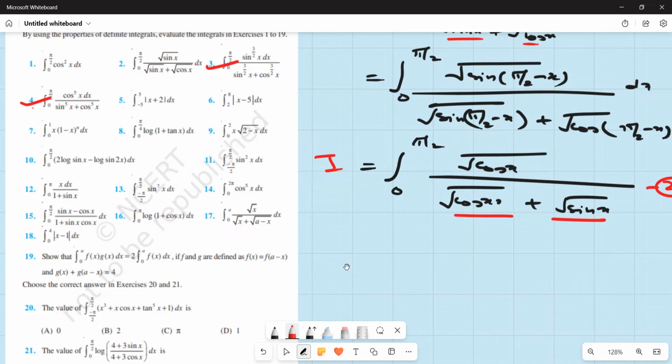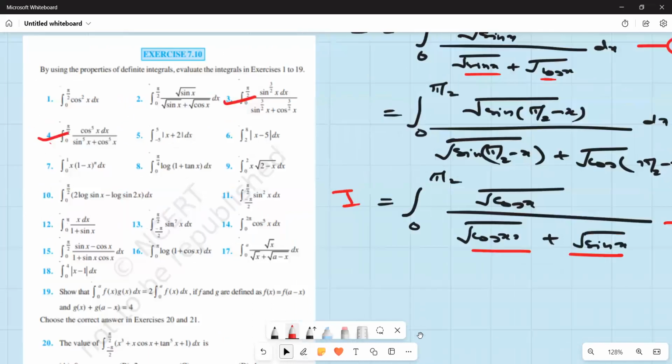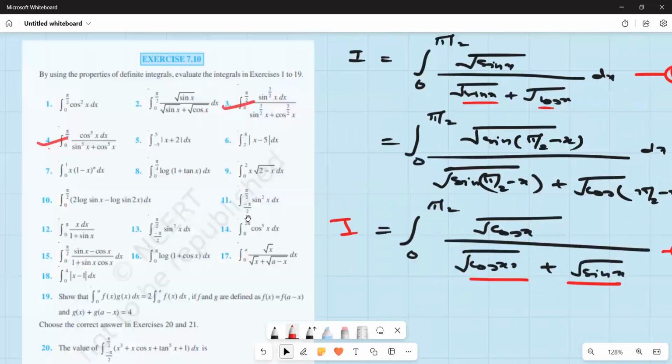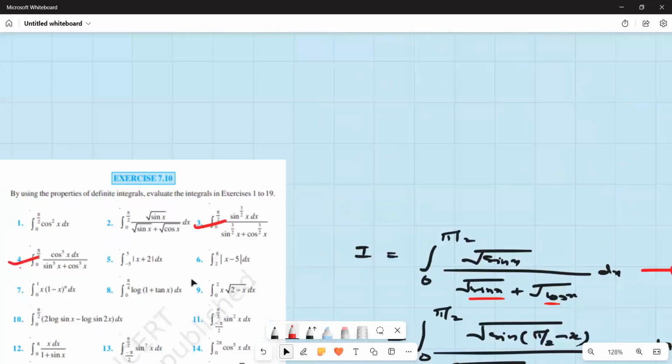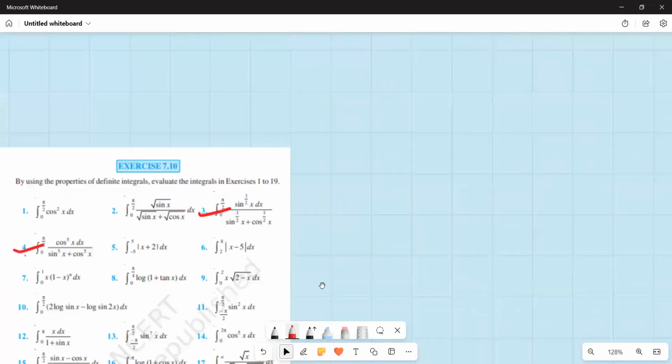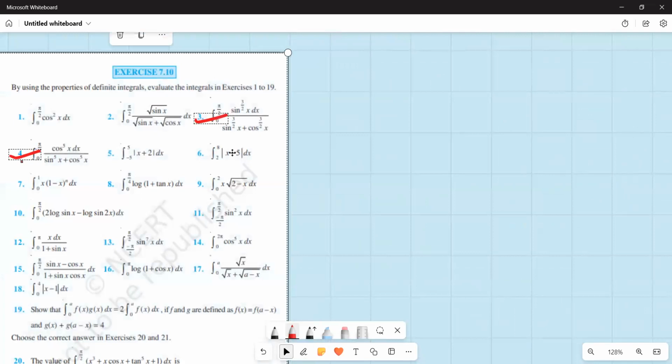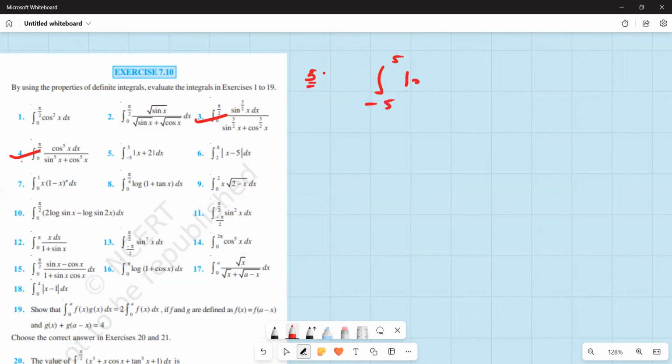Same property. Next question I am going to do is question number 5. Question number 5 is integral from minus 5 to 5 of mod of x plus 2 dx. So what is the mod definition? If you take the number line, at what value of x will it be 0? Minus 2.